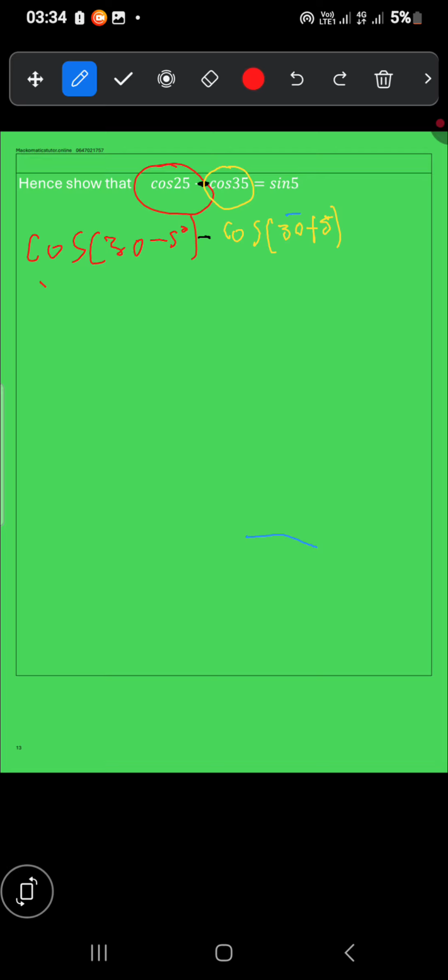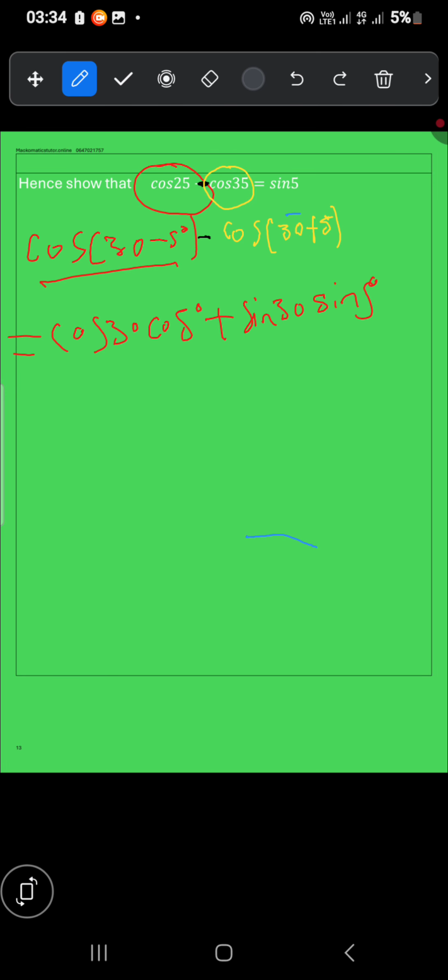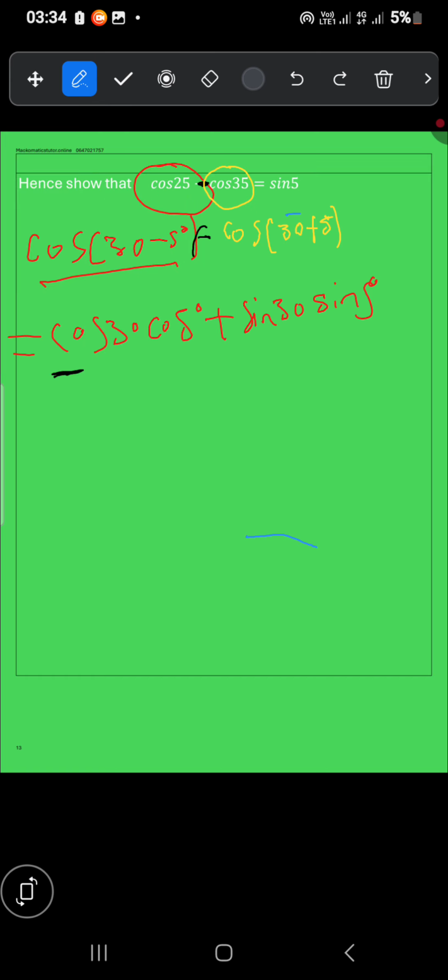So expanding the red one, this is equals to cos 30 cos 5 plus sine 30 sine 5. Then the minus sign, the black one. This one, this is here. Then subtract.